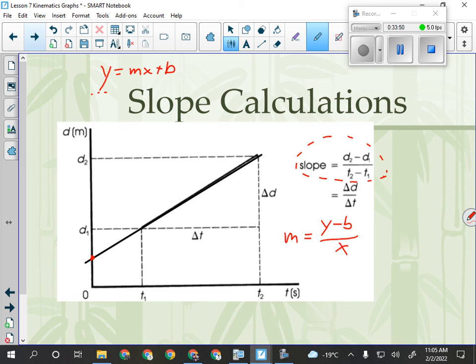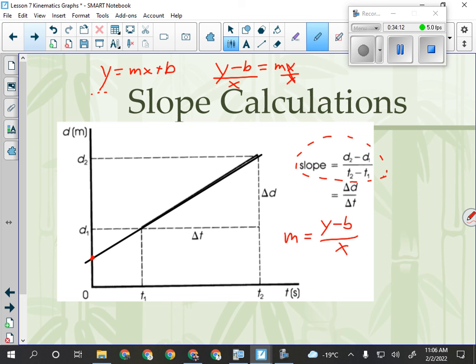What's not attached to m? B. So I would move b first. That's rule 3. Move what's not attached first. I'm adding b on this side, so to move it, I would subtract b. So I would have y minus b equals m times x. To get m by itself, divide both sides by x.